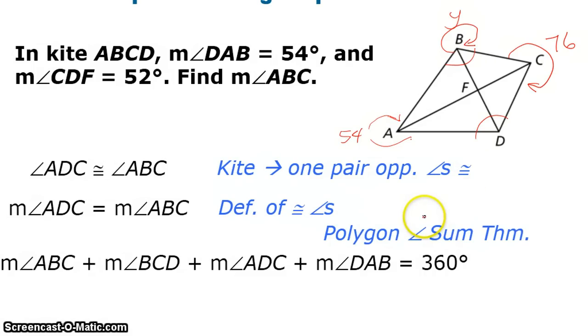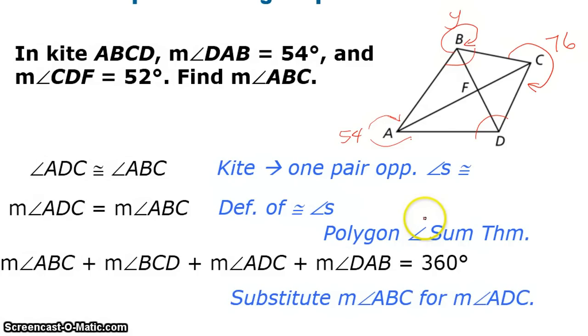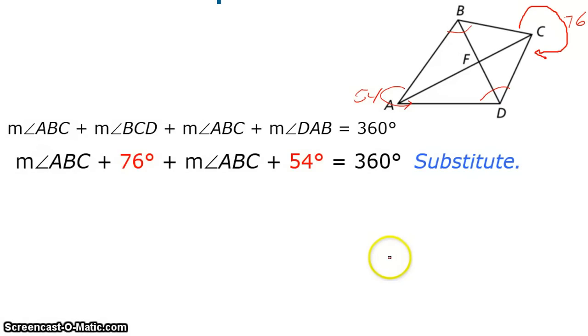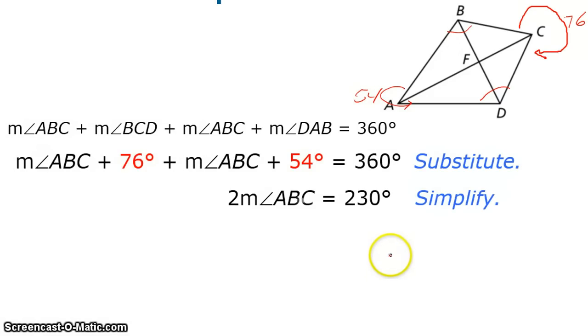So we're going to use our angle sum addition. We're going to take the two angles that we know, the 54 and 76, and we're going to substitute them into our equation down here. So there we go.